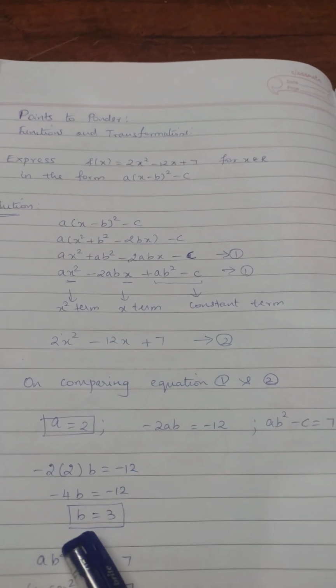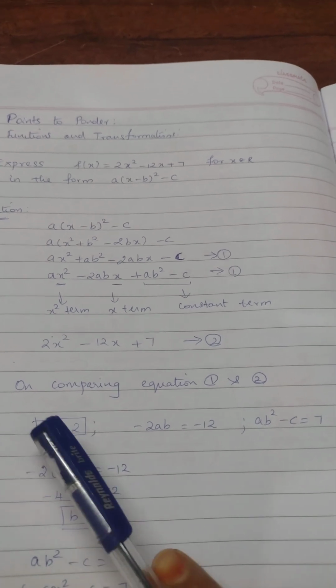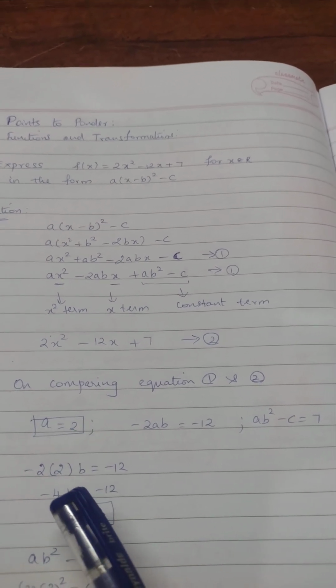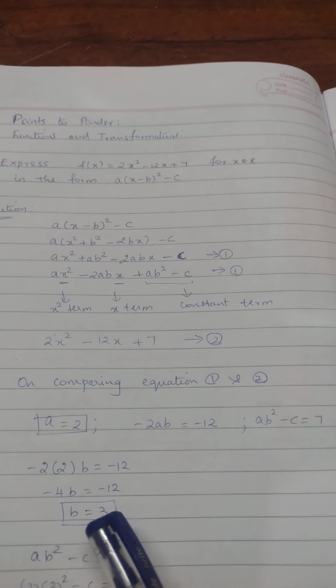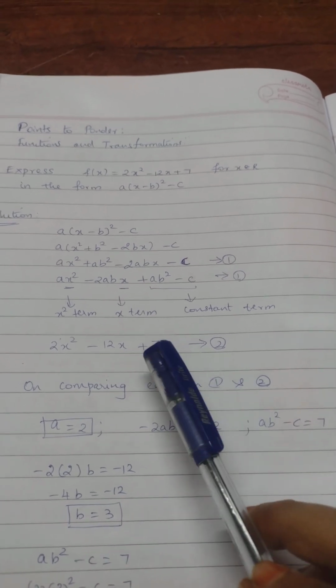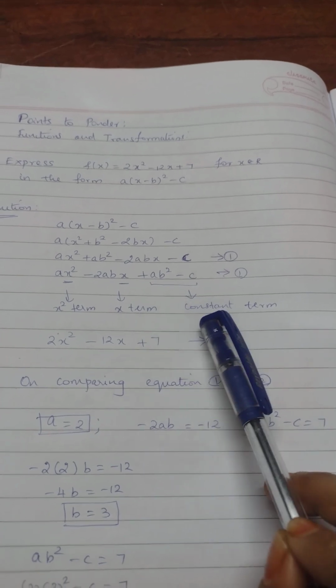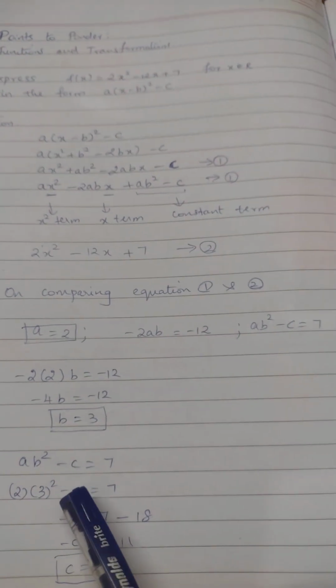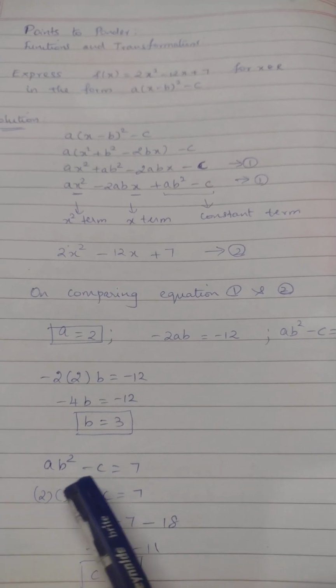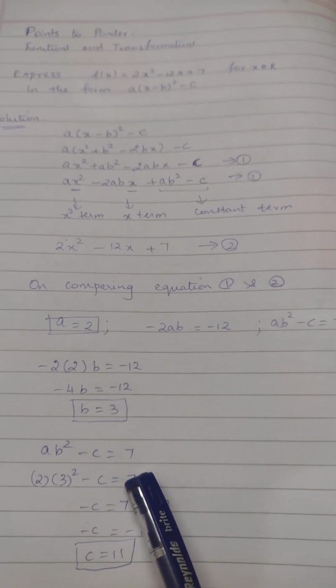So I can also get b, because since I know a, if I substitute the value for a, I will be getting b, which is equal to 3. And then the third expression for the constant term is a b square minus c is equal to 7. So I can also substitute the values of a and b and then solve for c.